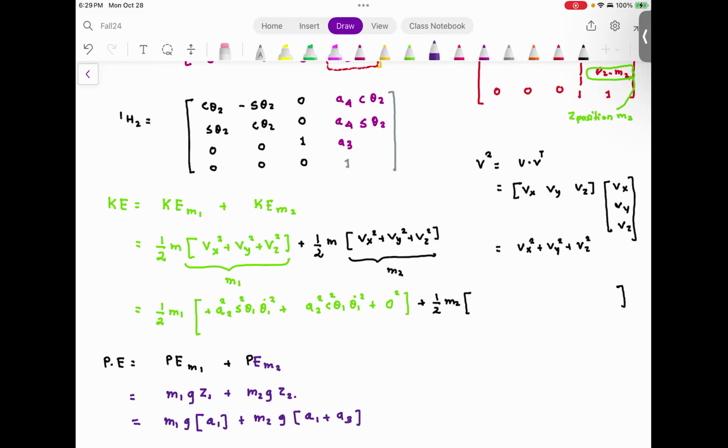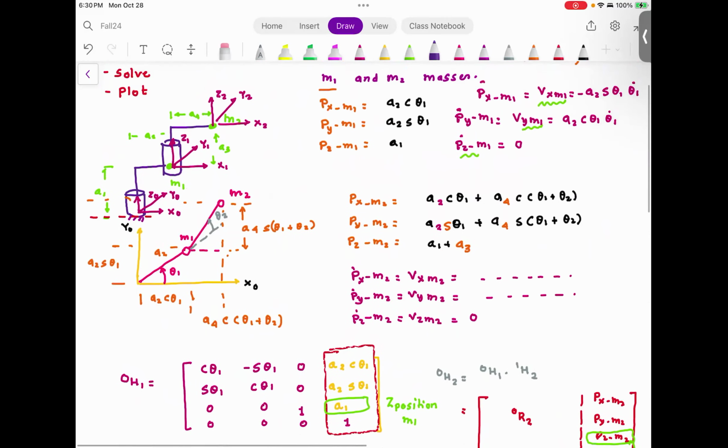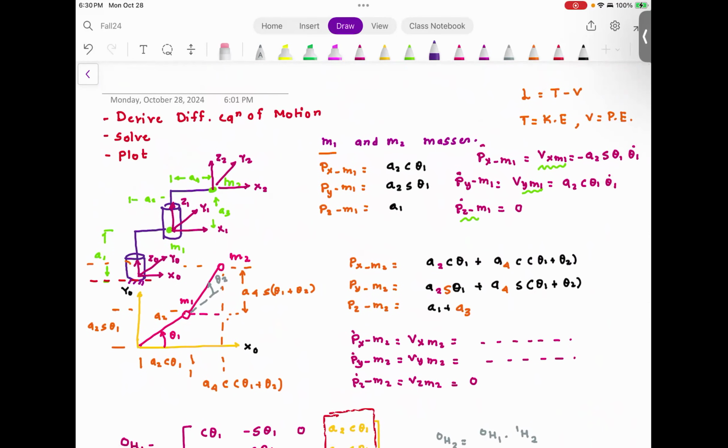Now, at this point, I have the kinetic energy, I have the potential energy. Everyone understood this? I can formulate the Lagrangian. And then I would let MATLAB solve this equation and generate the solution and plot. So the procedure to solve any robot dynamic problem is this.